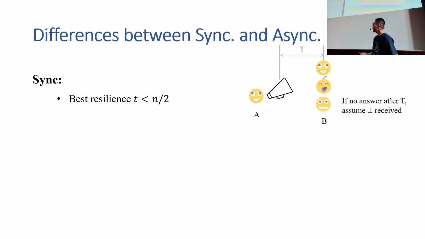We know that in this case, for information-theoretic security, it is possible to achieve malicious security with n/2 corruptions if you assume a broadcast channel.